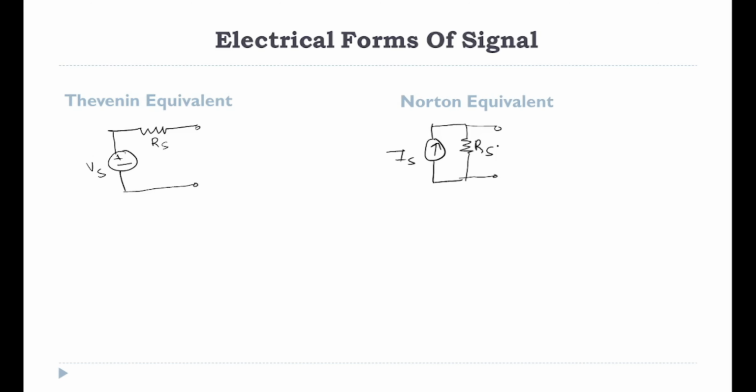We derive these conditions by using the voltage divider rule in the Thevenin equivalent circuit. So we connect a load here. So the voltage across RL will be as shown.